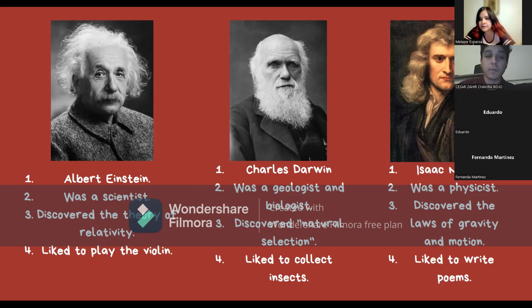That can be one example, and the next one: Albert Einstein, who discovered the theory of relativity, liked to play the violin. So using the information, we can make different examples. All right, do you have questions or doubts? No, it's okay. All right, so Fer, can you give me two examples about Charles Darwin, please?